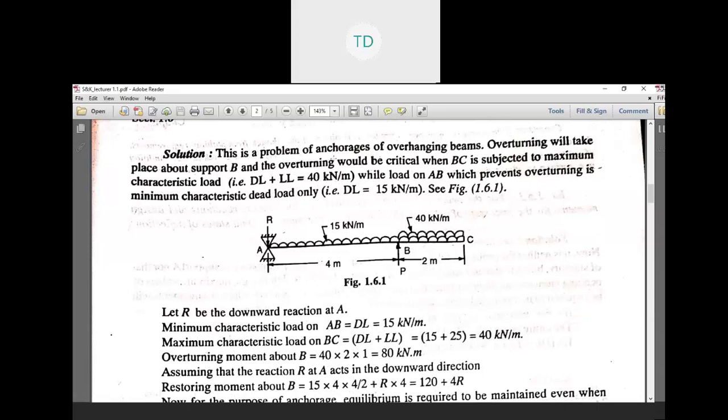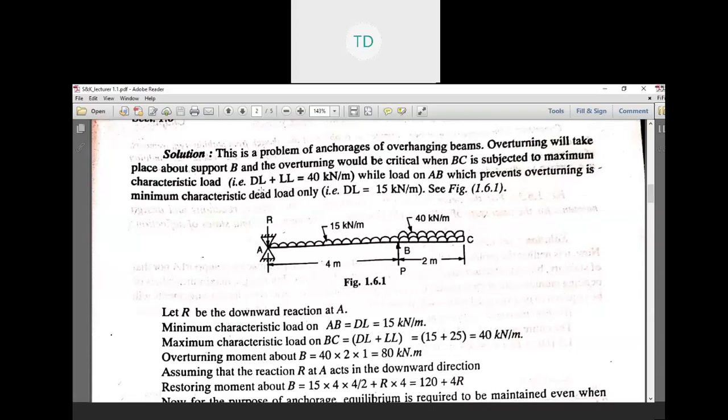This is a problem of anchorage of an overturning beam. Overturning will take place about support B because the supports are not fixed here, and the overturning would be critical when BC is subjected to maximum characteristic load.